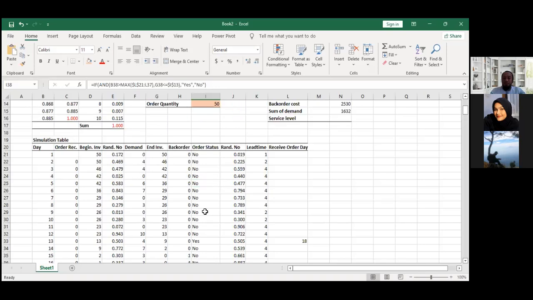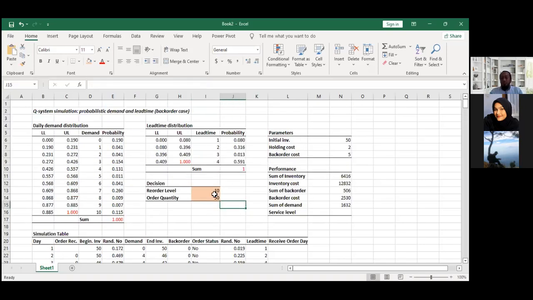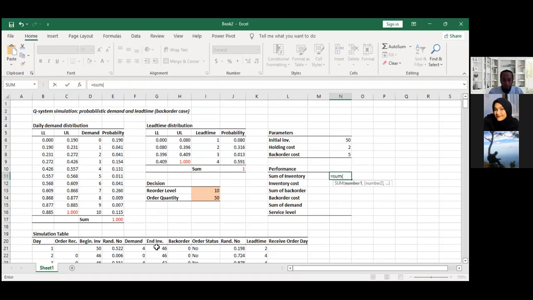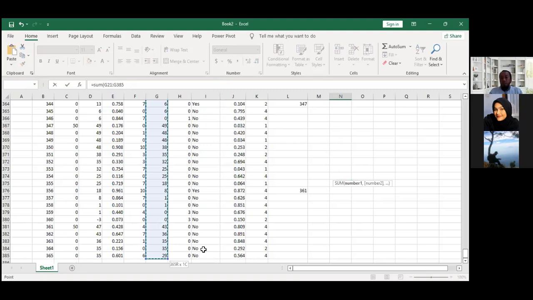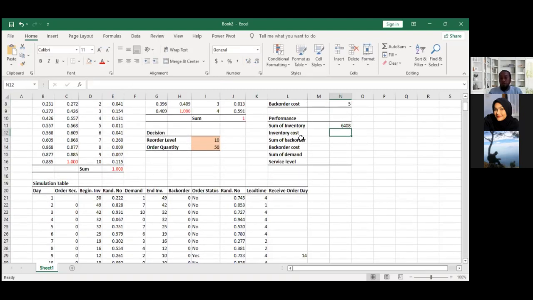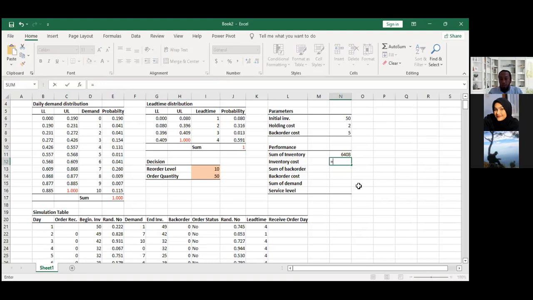Then after that, based on this, this is our decision variable. Now we need to calculate the performance. Sum of inventory, we just need to sum our ending inventory. Then we enter the inventory cost. So we need to multiply this with the inventory cost.